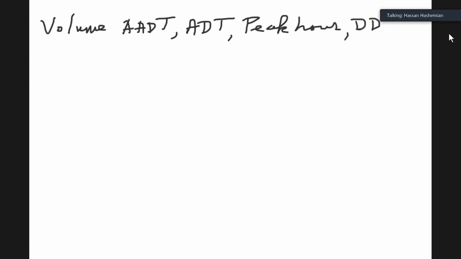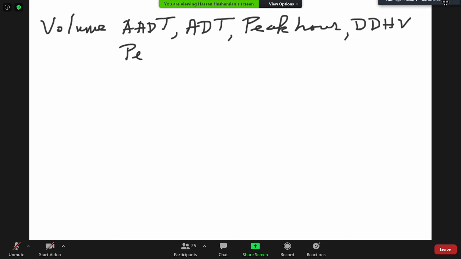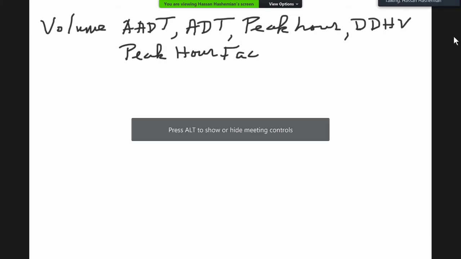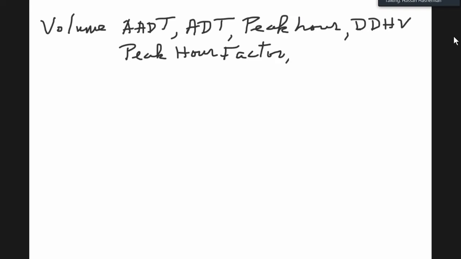The directional design volume. We did all that. And we talked about the PCAR factor, how you get that, and we talked about rate of flow. So we did all that last time.